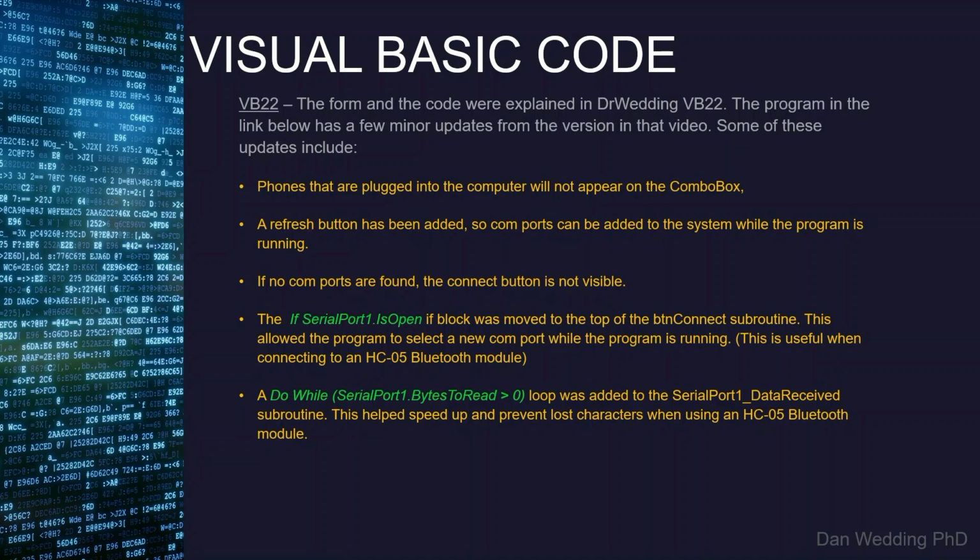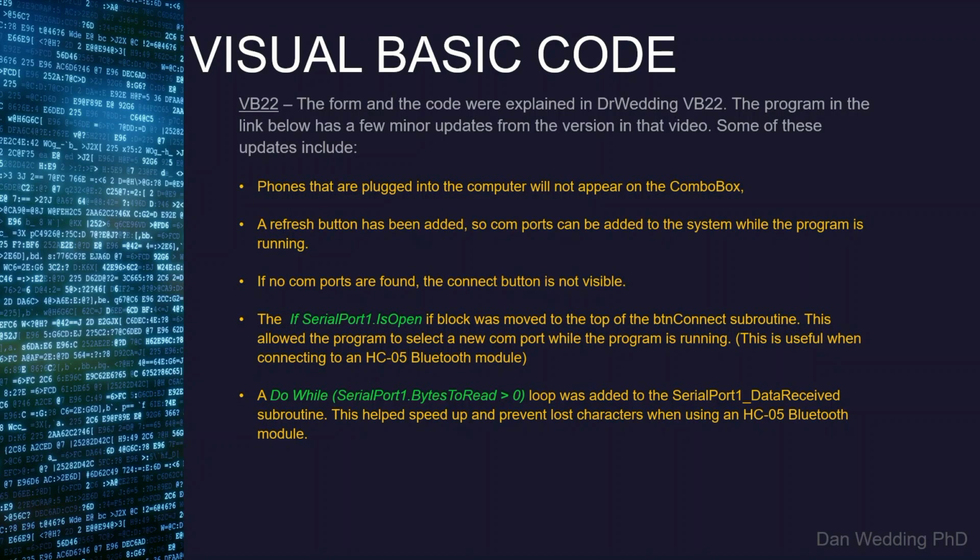Some of these updates include: phones that are plugged into the computer will not appear in the combo box. A refresh button has been added, so COM ports can be added to the system while the program is running. If no COM port is found, the connect button is not visible. The if SerialPort1 is open if block was moved to the top of the button connect subroutine.